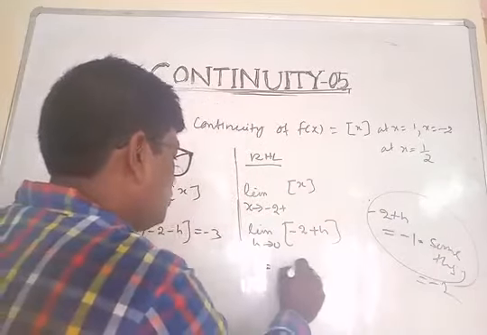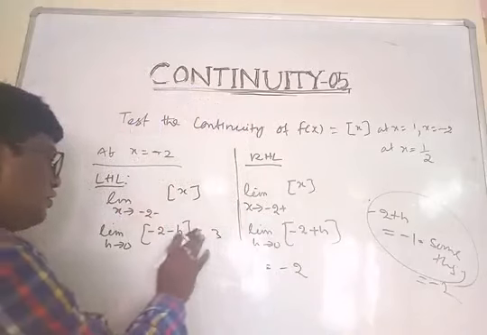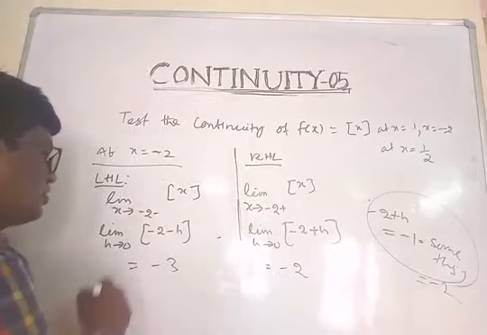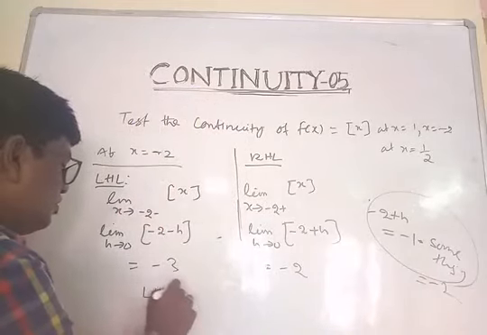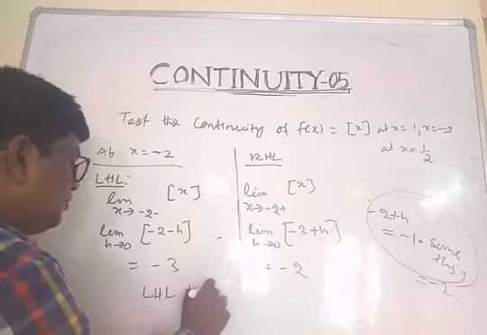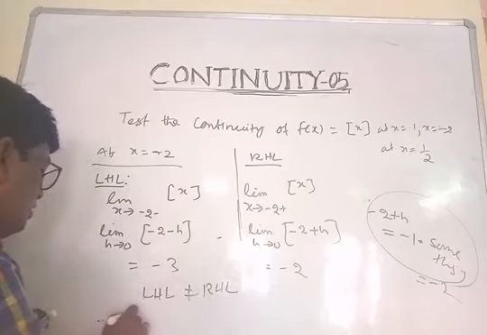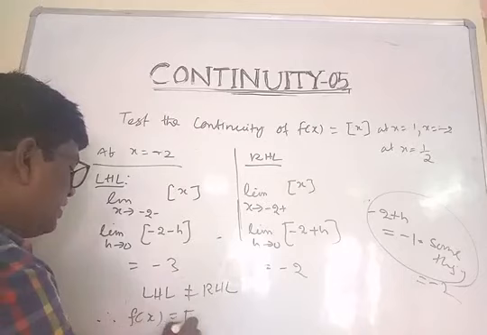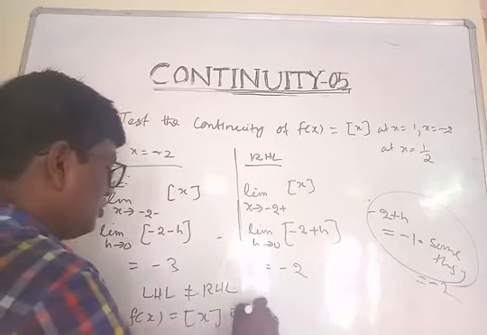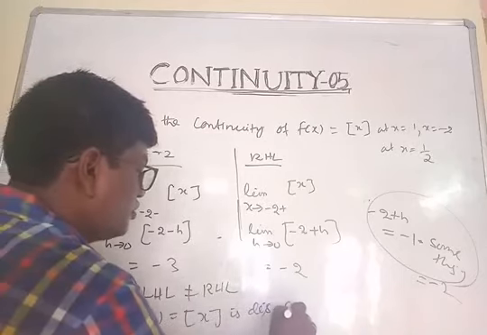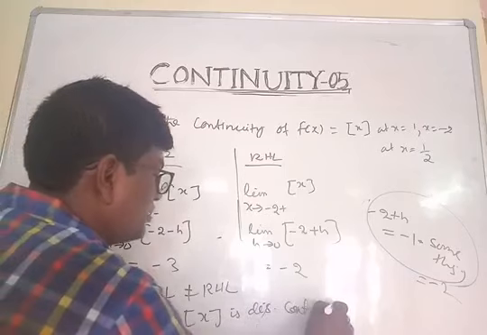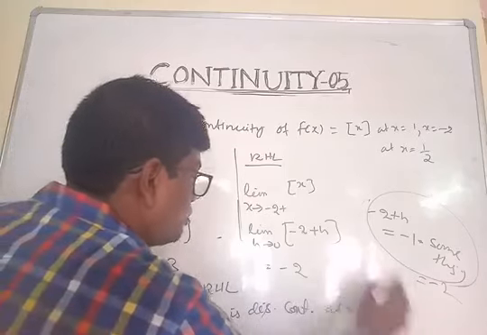So this is equal to minus 2. So LHL is not equal to RHL. Therefore f of x is equal to bracketed x is discontinuous at x is equal to minus 2.